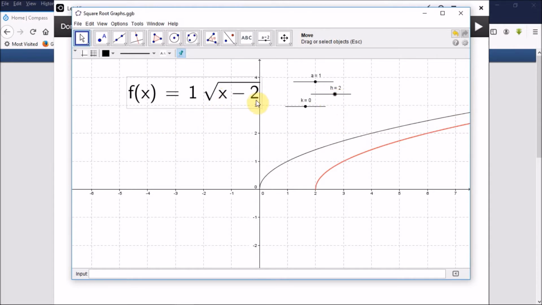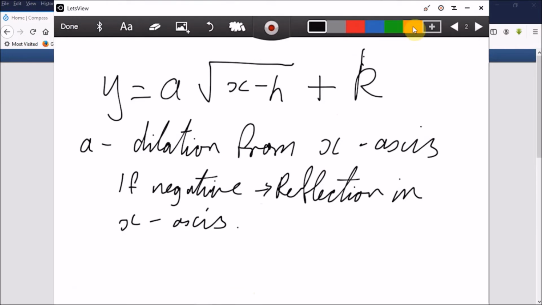So x minus 2 moves to here. So the starting point that was at 0, 0 is now here at 2, 0. So our h is a translation in the x direction.